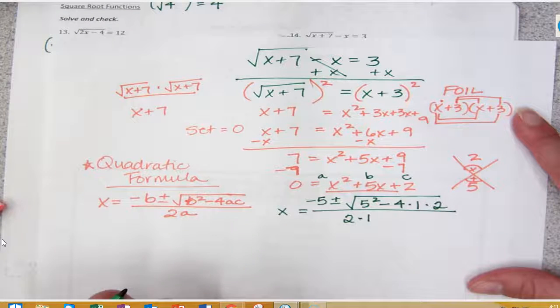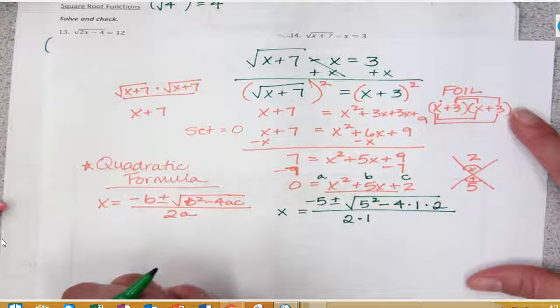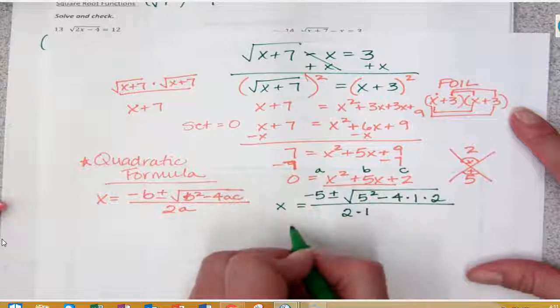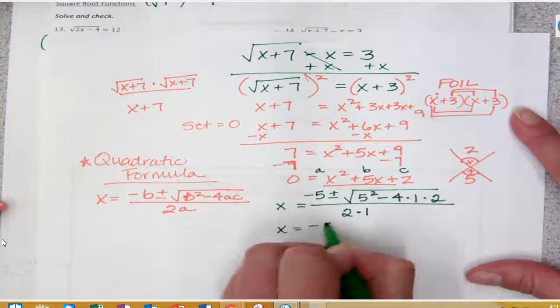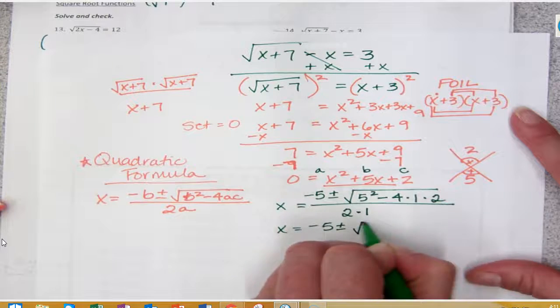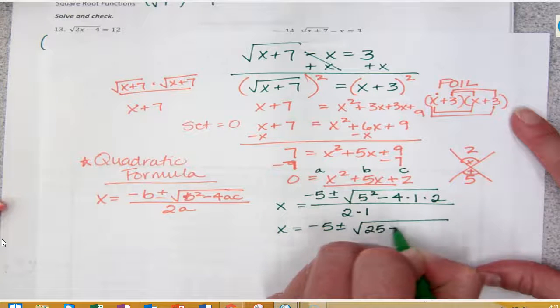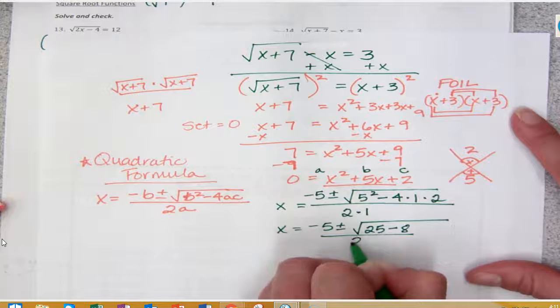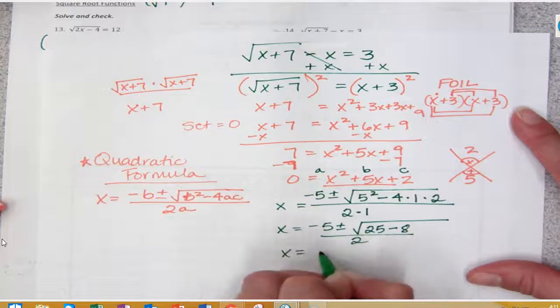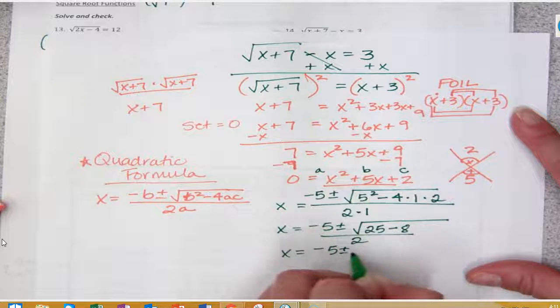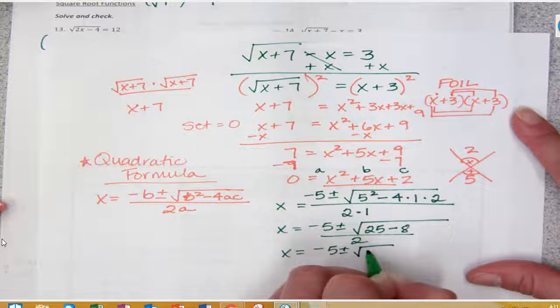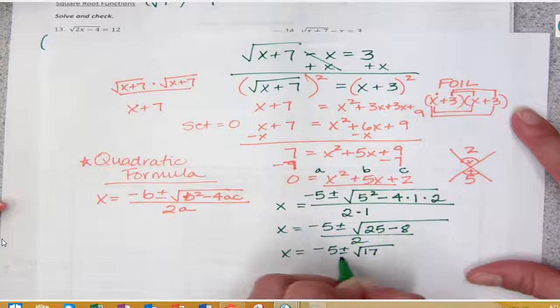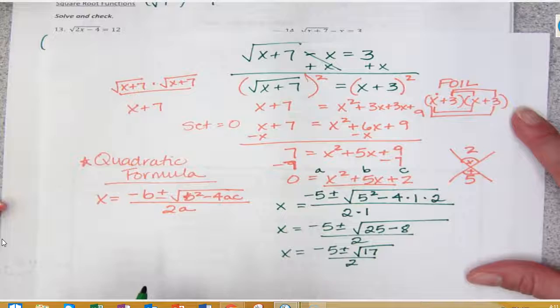This is going to give you your zeros, or your x-intercepts. So we get x equals negative 5 plus or minus the square root of 25 minus 8 all over 2, which is x equals negative 5 plus or minus the square root of 17 divided by 2.